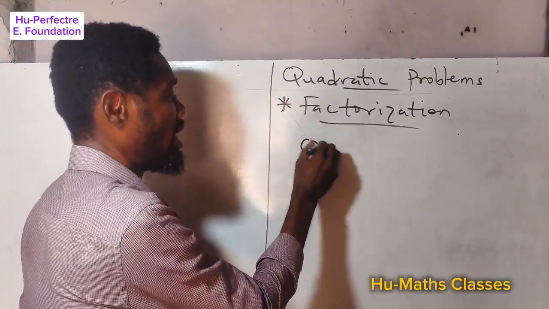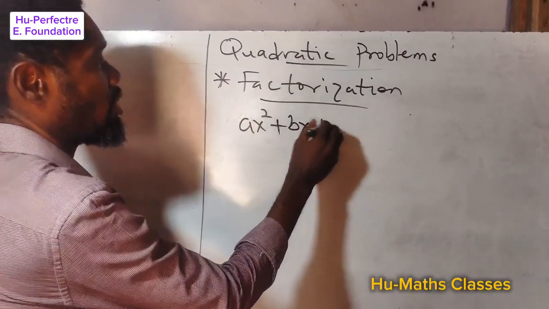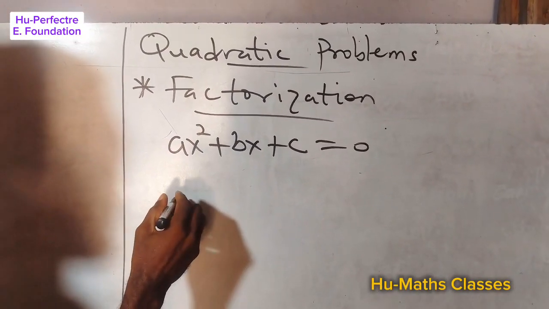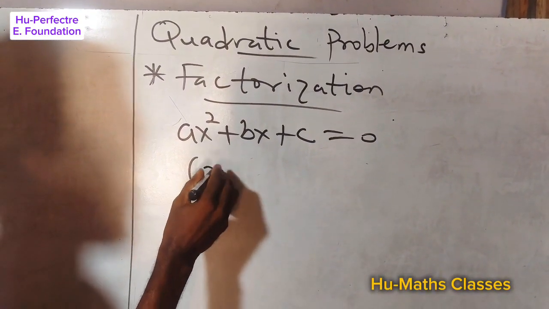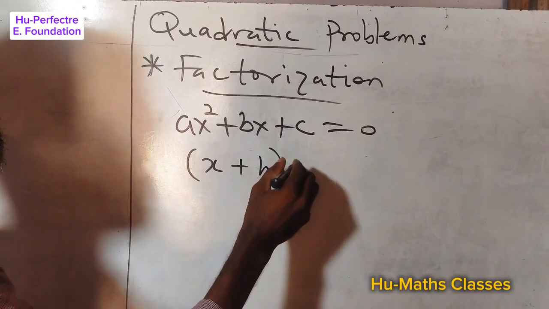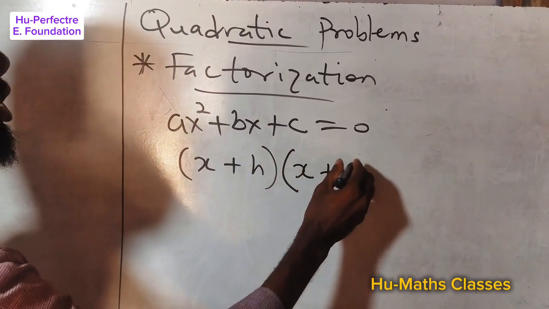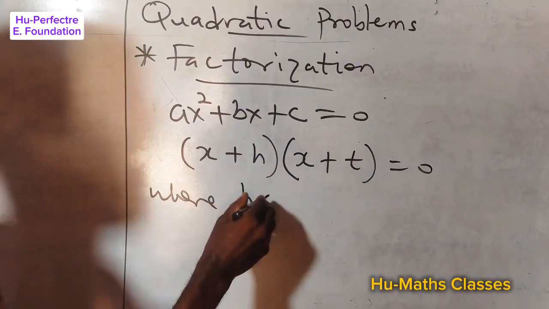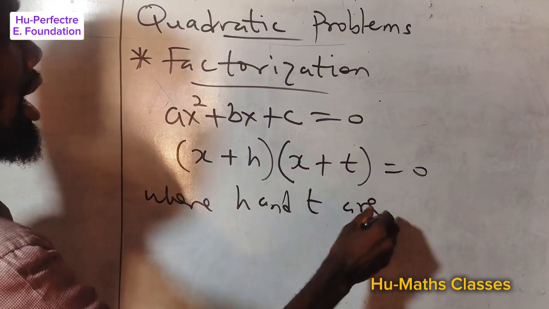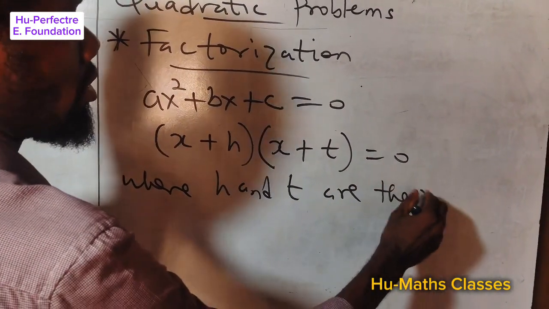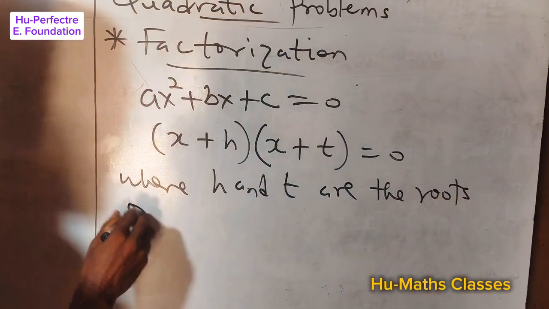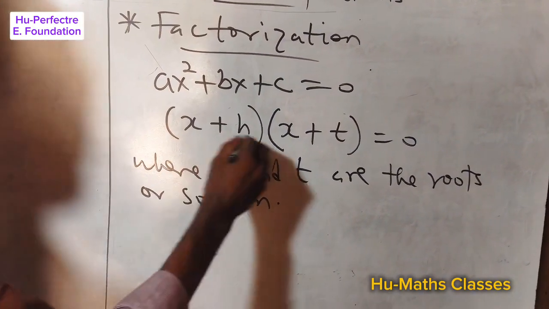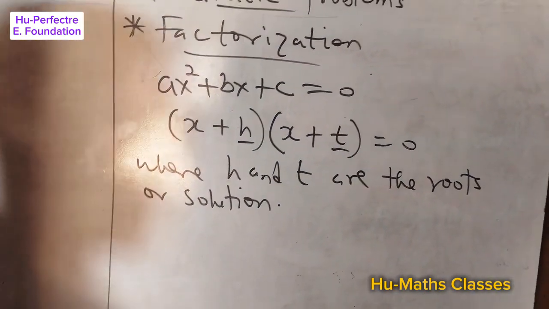So if you have ax squared plus bx plus c is equal to 0, we should be able to express this particular equation in the form (x plus h)(x plus t) is equal to 0, where h and t are the roots or solutions of that quadratic problem.